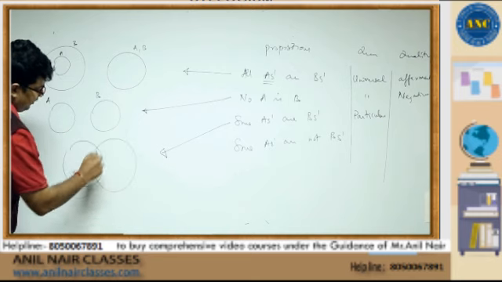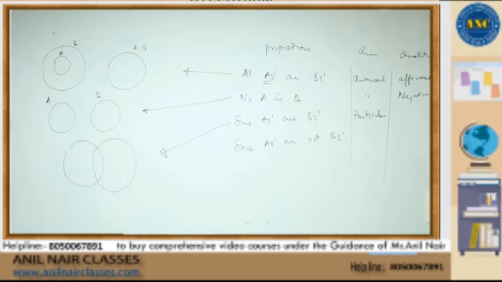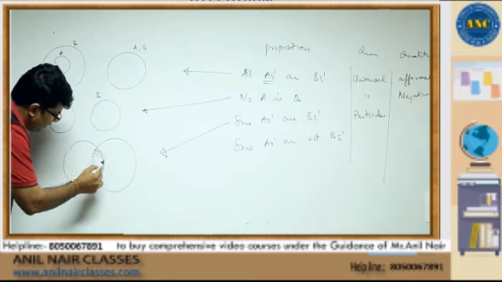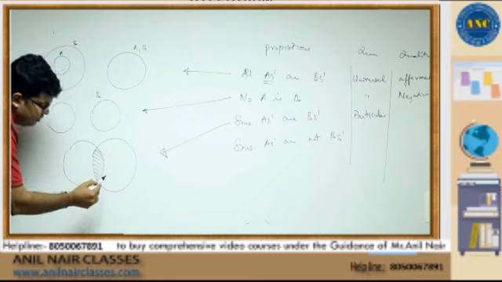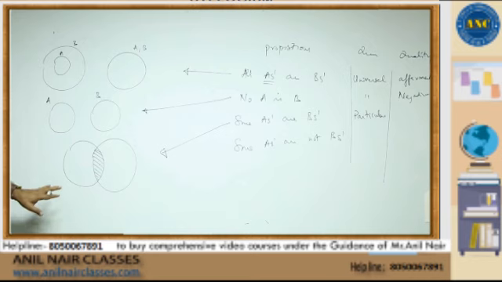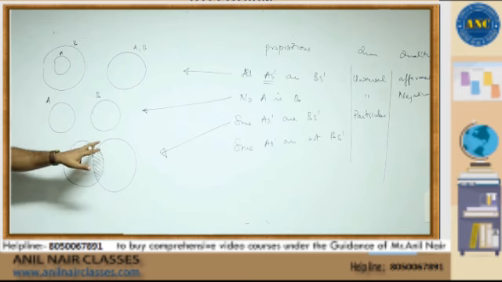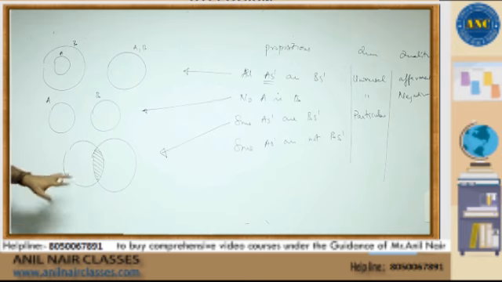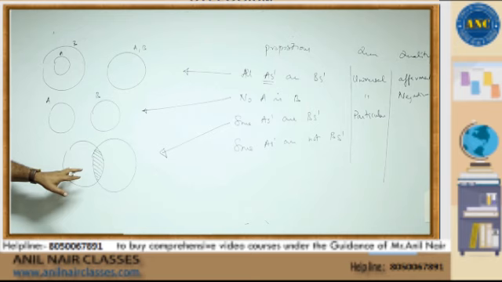These are A's, these are B's. Now, for some A's or B's, we have to show something common there. Is that okay? Can I say this is the best representation of some A's or B's? There are some A's or B's, that is something that we are very sure of and we are representing it. Is that okay?